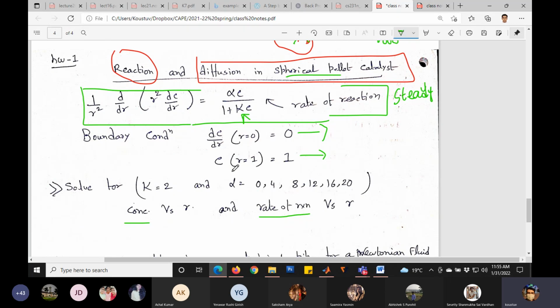It's a very interesting problem. If we get some time, we can try to solve it in Matlab. So concentration will be a function of this alpha.